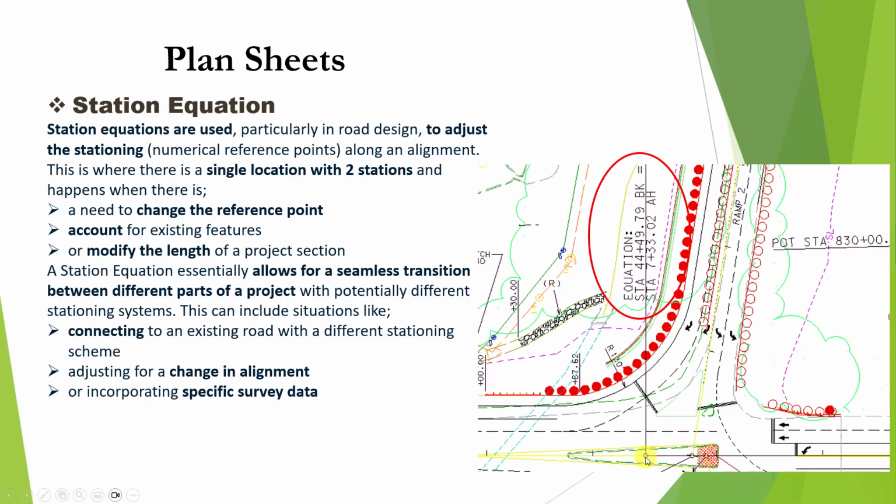So this point has two stationings. It has this one and it has that one, but it's telling you back is this station range. Going forward, we're going to use 7 plus 33.02. And the reasons we're doing that, a lot of different reasons, but normally tying into existing plans, existing alignment with stationing.